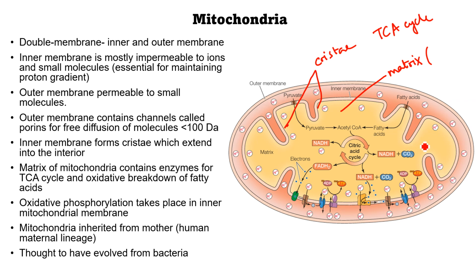So remember a few points: the inner mitochondrial membrane has the different proteins of the electron transport chain, and ATP synthesis also takes place at the inner mitochondrial membrane, and the matrix has different enzymes involved in the citric acid cycle.